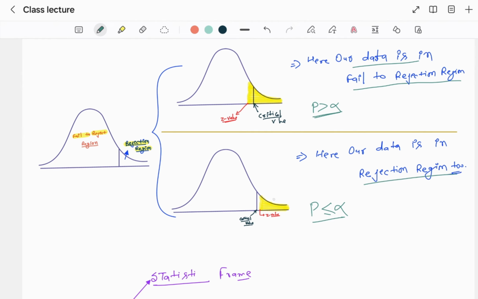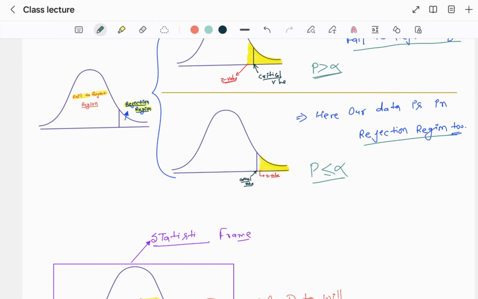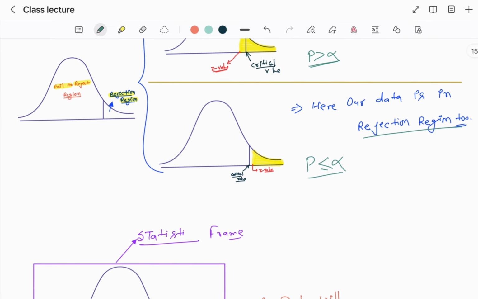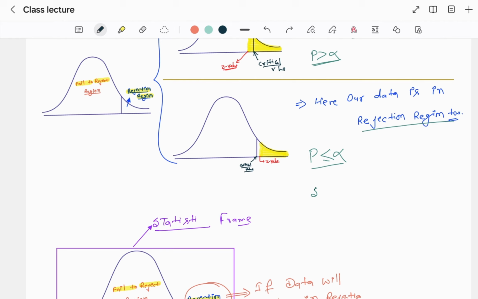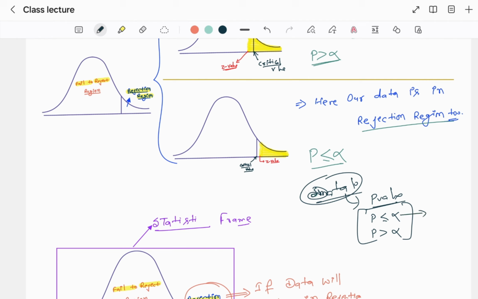So what we have understood so far is that, based on our collected data, we will get the p value, and this p value will be either less than the alpha or greater than the alpha. This will be in the rejection region, and this will be in the fail to reject region.